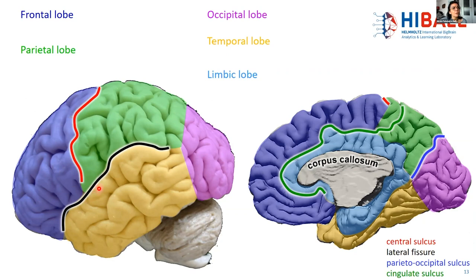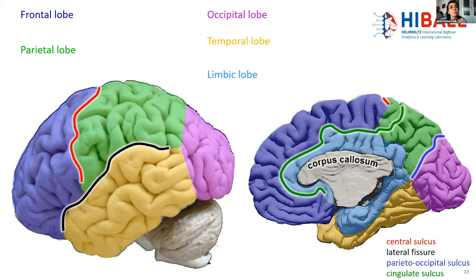The lateral fissure constitutes a good macroanatomic landmark to separate the temporal and the parietal and the frontal lobes. Here on the lateral surface of the brain, we have no macroanatomic landmark to highlight the border between the parietal and the occipital lobes.